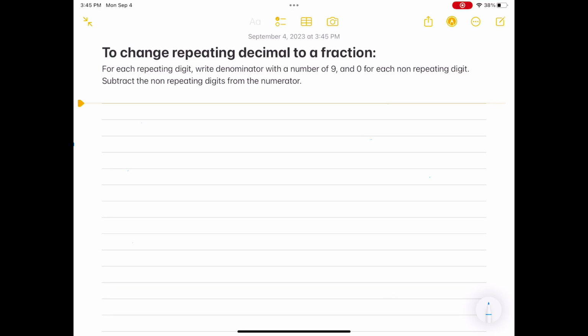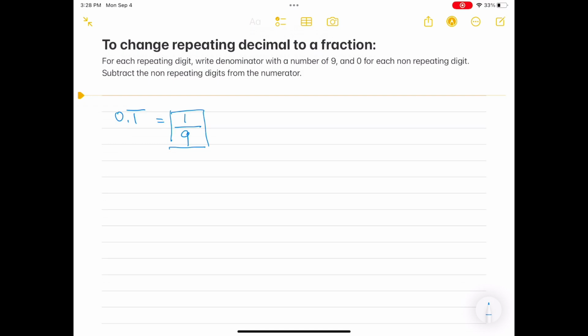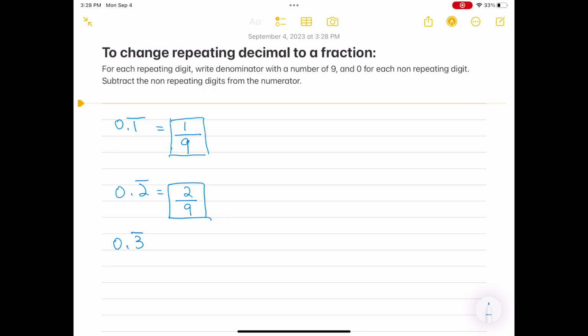Subtract the non-repeating digits from the numerator. 0.1 with a repeating 1 becomes 1/9. 0.2 with a repeating 2 becomes 2/9. 0.3 with a repeating 3 becomes 3/9, which simplifies to 1/3. 0.9 with a repeating 9 becomes 9/9, which equals 1.